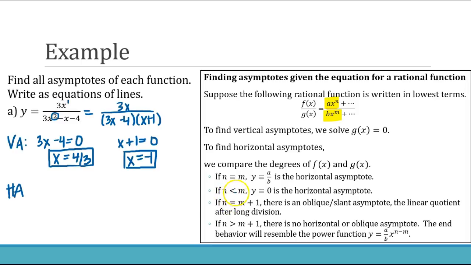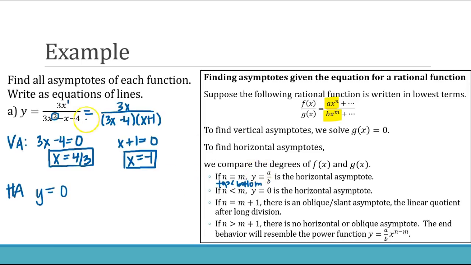So if n is less than m, that means if the top is less than the bottom, which is what we currently have, then y equals 0 is the horizontal asymptote.